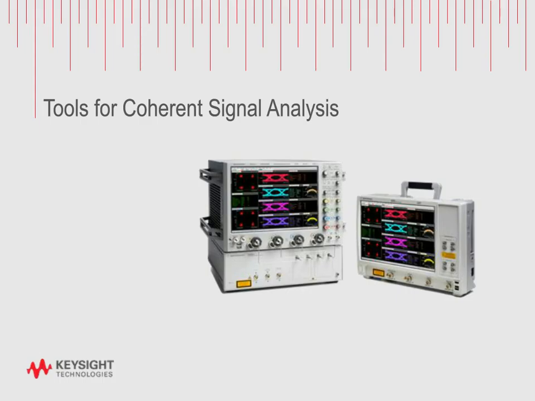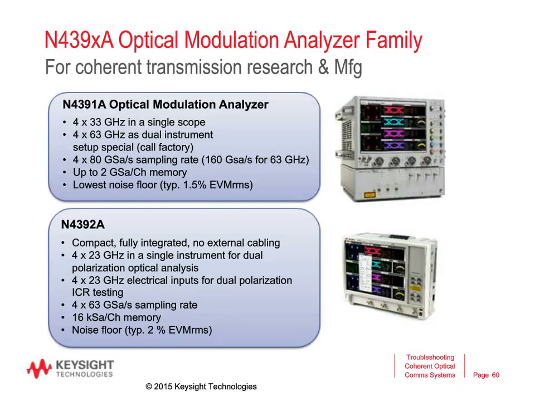For the analysis side, we have a couple of tools available. It's our family of optical modulation analyzers, the N4391A, which is the optical modulation analyzer more targeted at R&D, 4 times 33 gigahertz, 63 gigahertz as dual instrument special available.